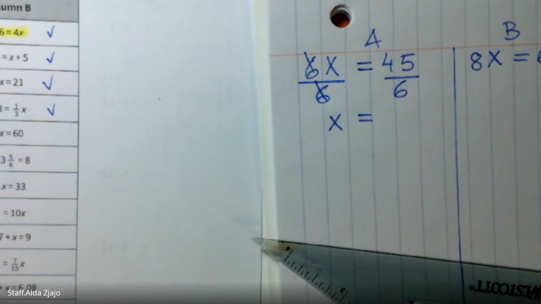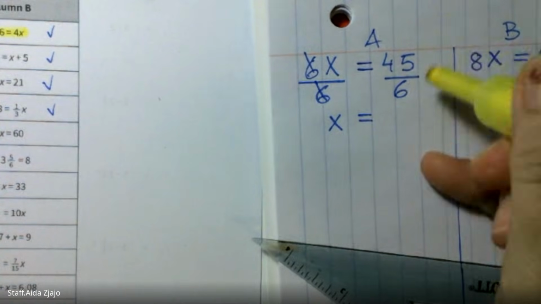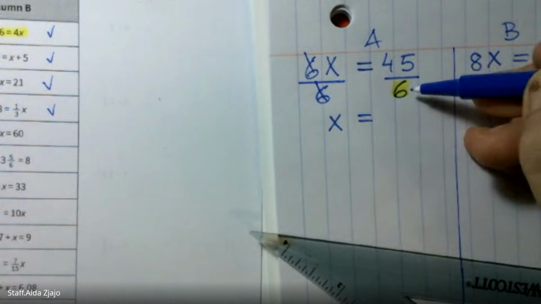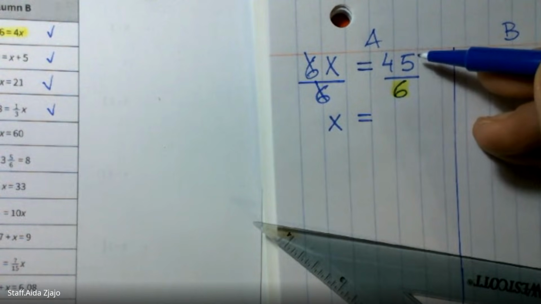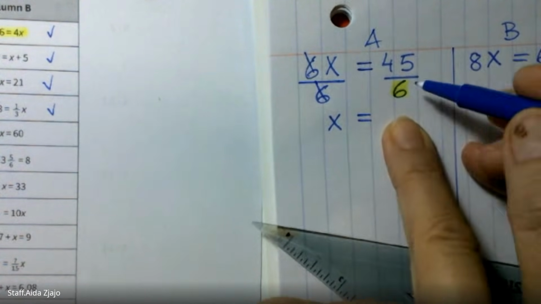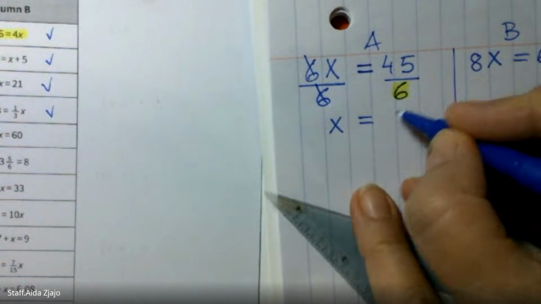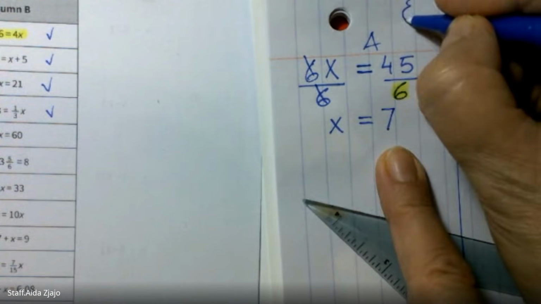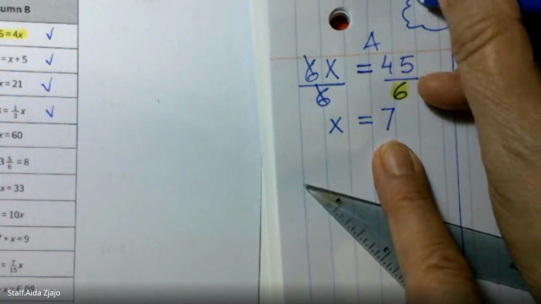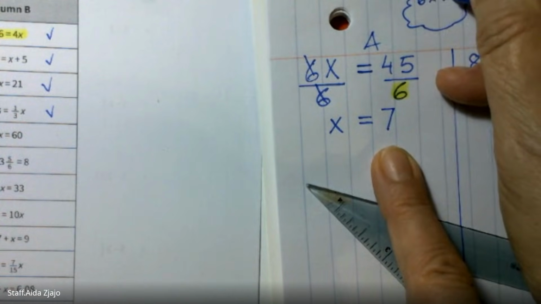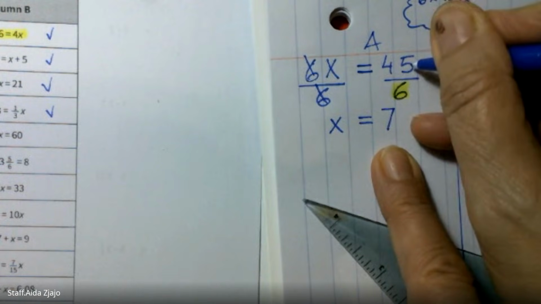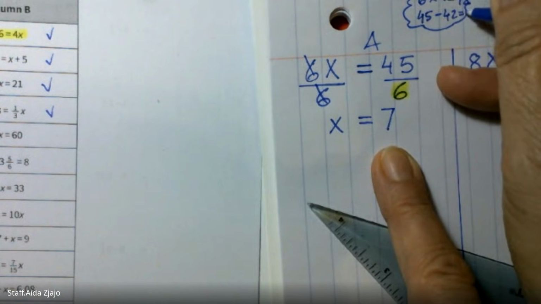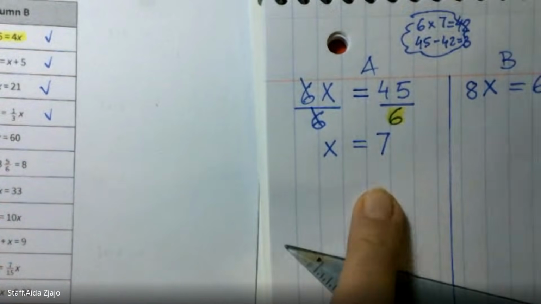Think about if 6 is a whole, how many 6s do I have in 45 pieces? So 6 times what is really close to 45. And we can think that 6 times 7 is 42. So 6 times 7 equals 42, but then you have 45, so it should be 45 minus 42, which gives me 3 left.